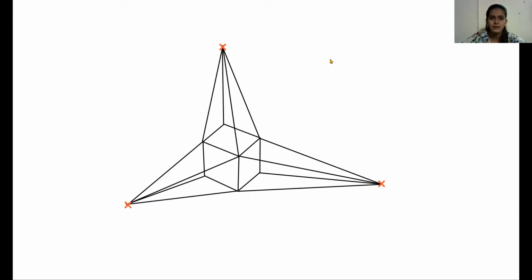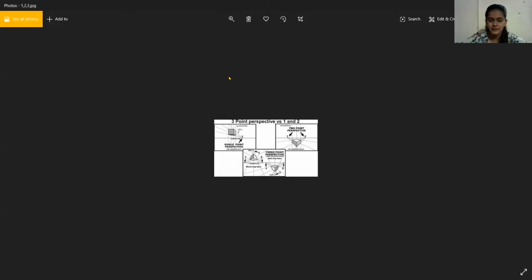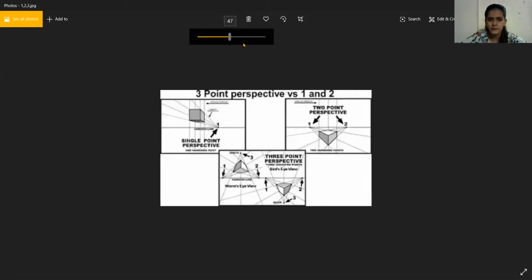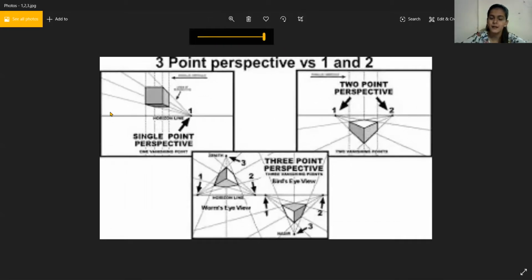First of all, see the main difference. There are three images. Look at the first image. Here, only one vanishing point is there. So it's a single point perspective. In the right side figure, there are two vanishing points. So it's a 2-point perspective view. Look at the bottom figure.